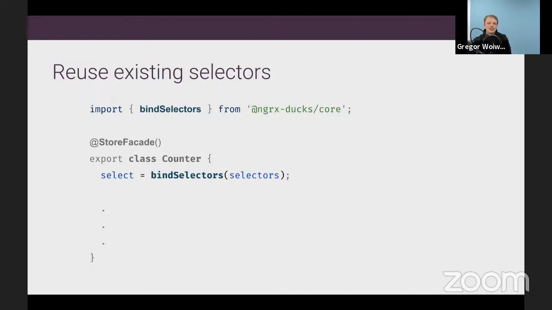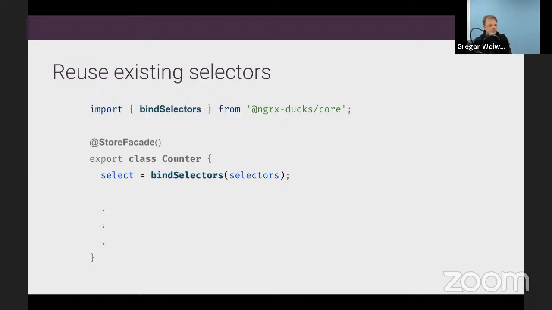So the next feature is about the other building block of ngrx. It's called selectors. So we need selectors to query information from the store. And everyone who's into ngrx knows that you can select state from the store by using the select method on the store, and then you have to pass a selection method.